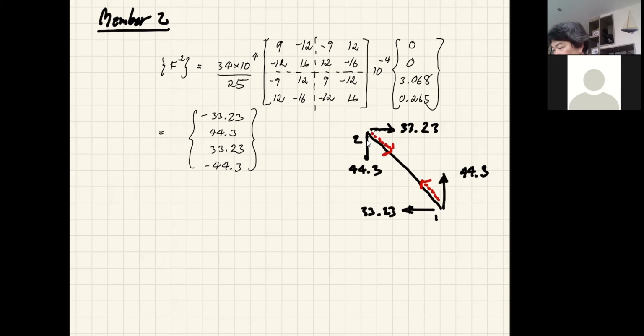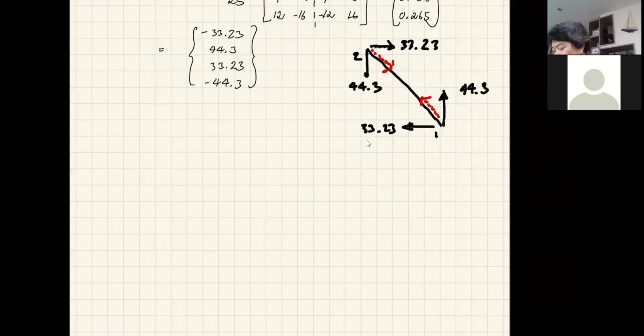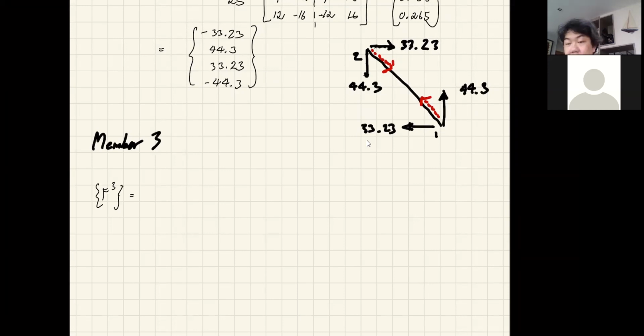And I think you get the picture now. So I can just go ahead and give you the result for member 3. Because it is a vertical member, what do you expect? The force for member 3, you can only have the second and the fourth component. If you have a component in the first and the third one, woohoo, you're wrong.